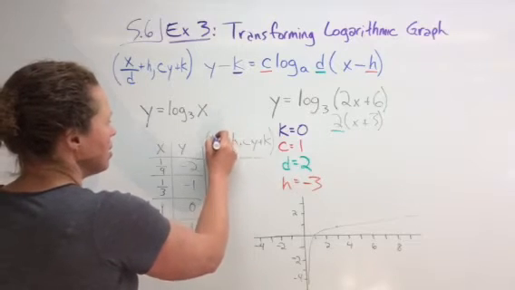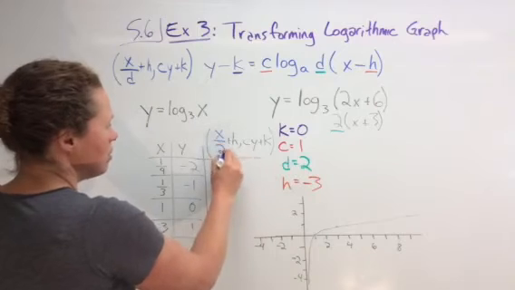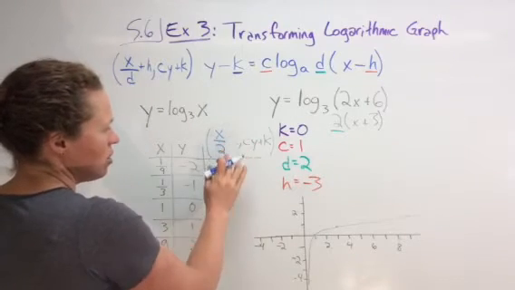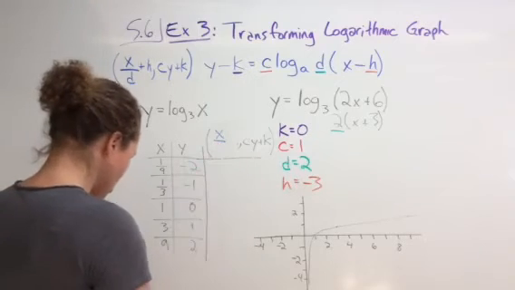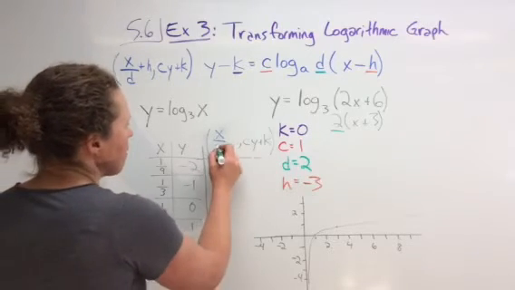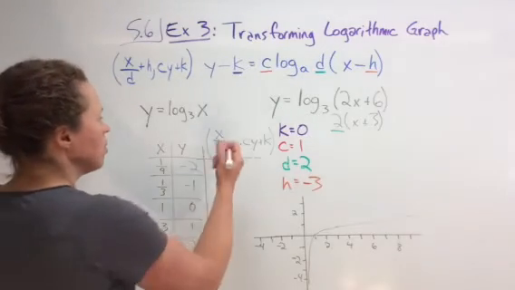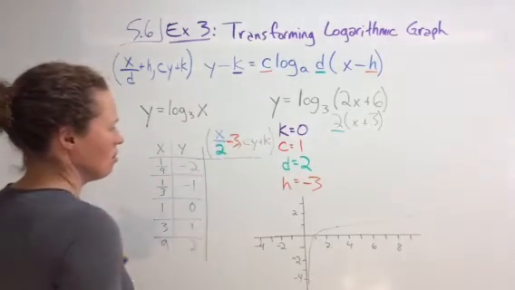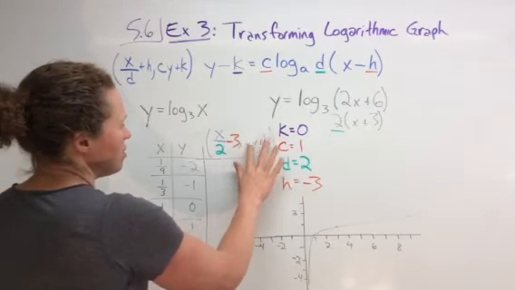So we've got x over, our d is 2, plus h, which is negative 3. C is 1, so it doesn't really matter.